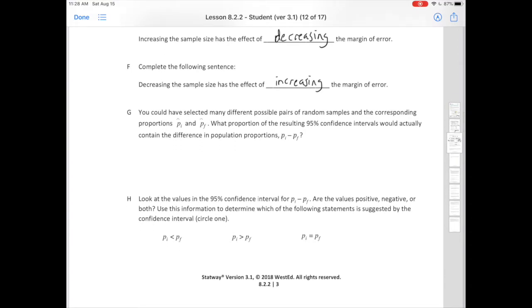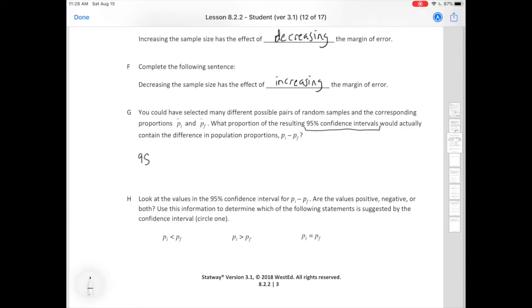So you could have selected many different possible pairs of random samples and the corresponding proportions pi hat and pf hat. What proportion of the resulting 95% confidence intervals would actually contain the difference in population proportions? So again, 95% confidence interval means that 95% of the time, our confidence interval is going to contain the real answer.